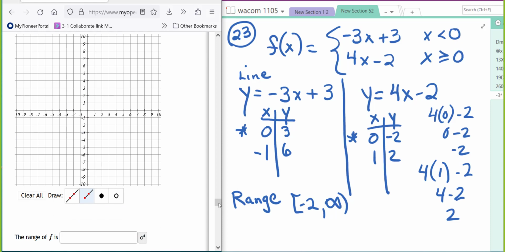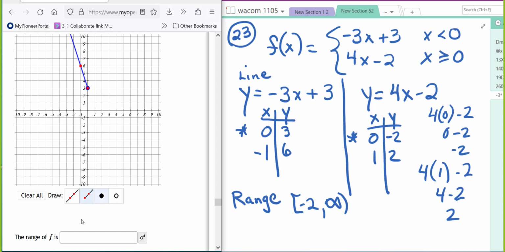So we'll do the first line. And this one had no equals underneath, so we have to use open circle. So open circle for our end at 0, 3. So don't go over, go up 3. All right, we're going to hit the ray tool. We're going to hit this one again. And then we're going to do -1, 6.